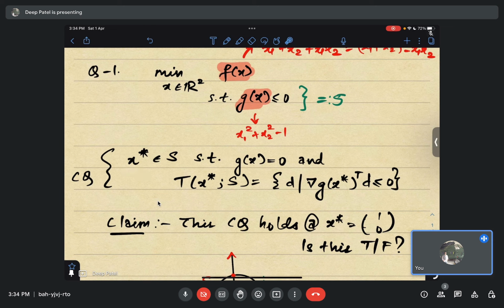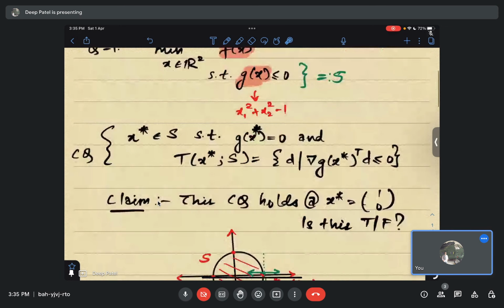So to recall our definition, constraint qualification holds at any point x star in the feasible region S if, first of all, the constraint has to be active. I think I forgot to put an x star here. So if the constraint is active and the tangent cone can be described in this form, where you have all the directions such that they make an obtuse angle with the gradient of the constraint at that point x star.